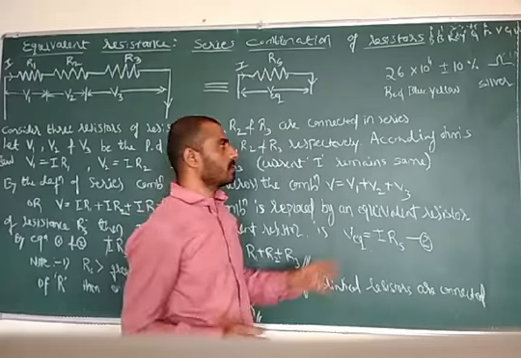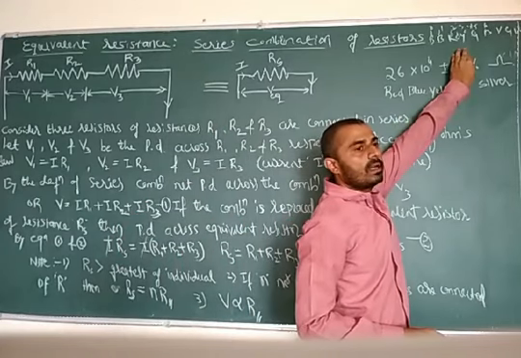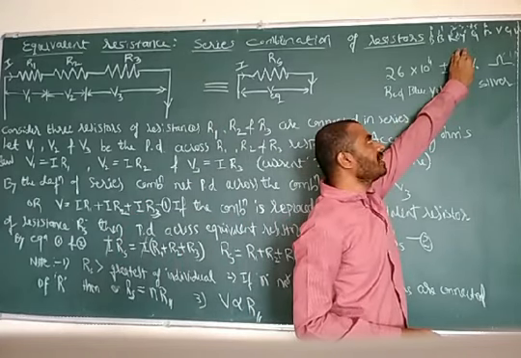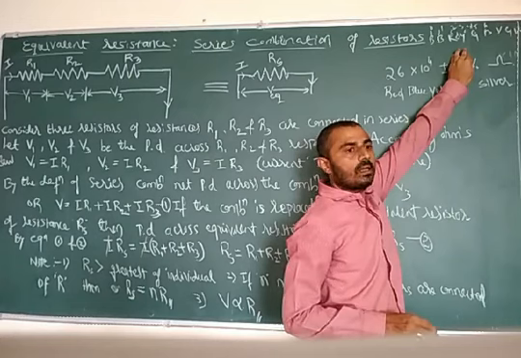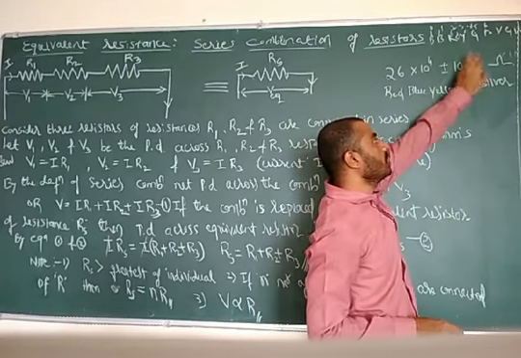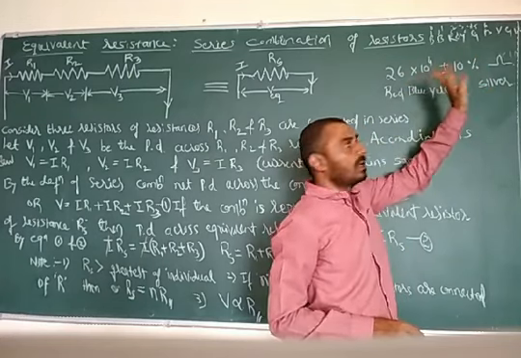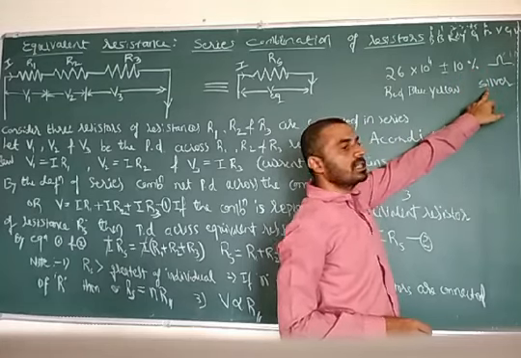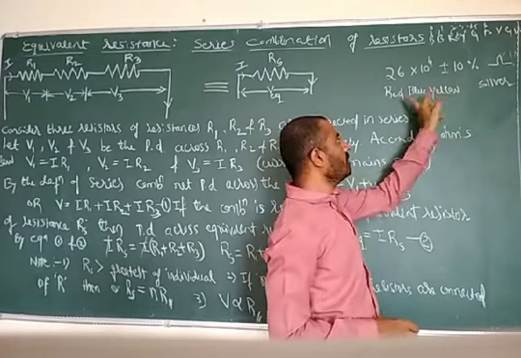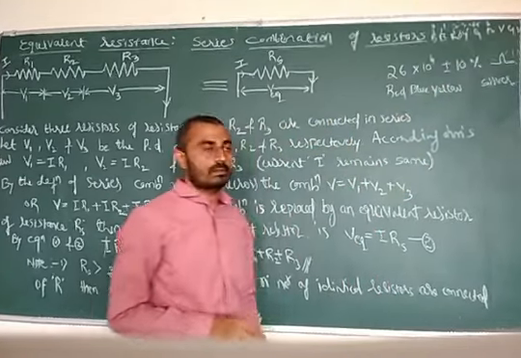If there is no fourth color, the tolerance is understood to be 20%. Instead of 10%, if 20% is given, you need not write the fourth color silver. Only with the three colors you can write it.